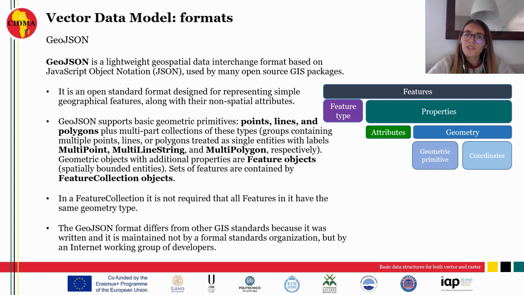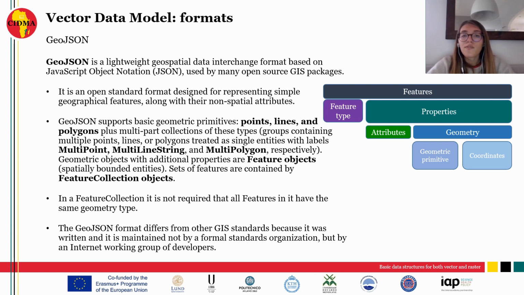Geometry primitives can be points, lines, or polygons, but also groups of points, lines, and polygons, called multi-point, multi-line string, and multi-polygon. These have to be considered as just one entity.